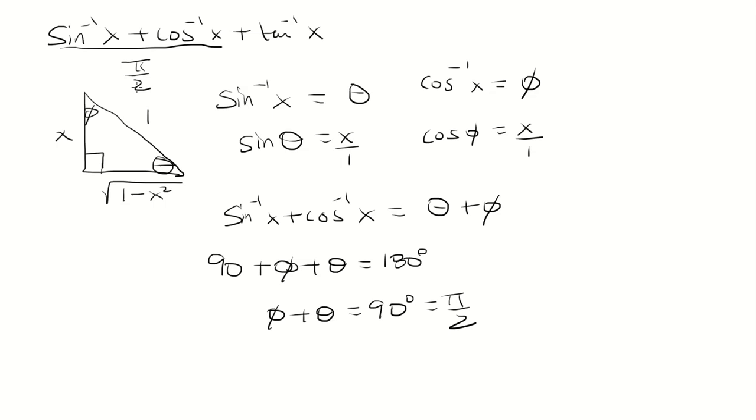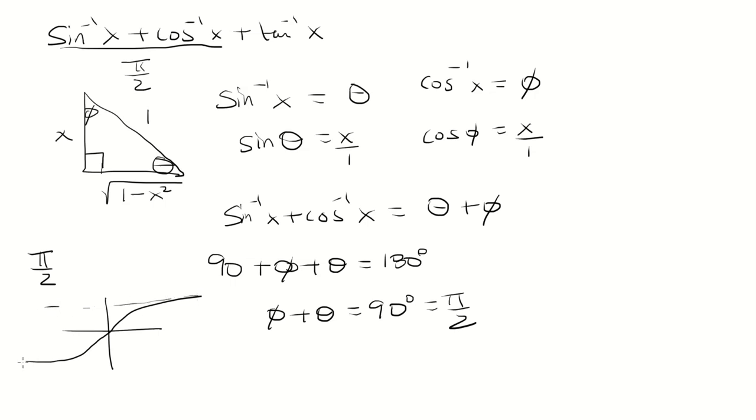And now we just need to look at inverse tangent. So for inverse tangent, the range is going to be between negative pi over 2 and pi over 2. Inverse tangent is going to be increasing. So it's going to look like this.